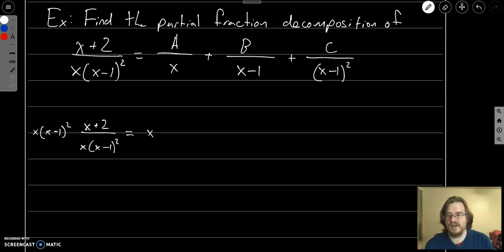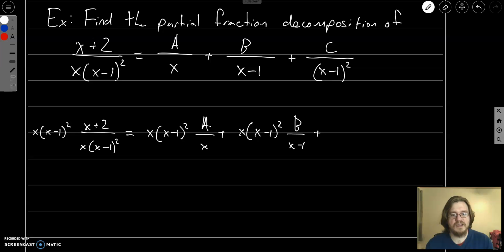I'll multiply it by the next guy, a over x plus, and then I'll multiply this by the next guy, x minus 1 squared times b over x minus 1. And then the last one, x times x minus 1 squared, c over x minus 1 squared.